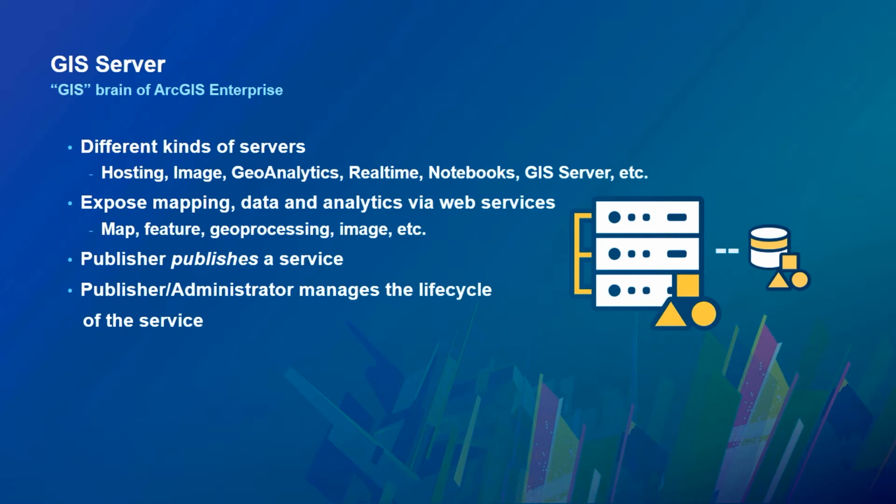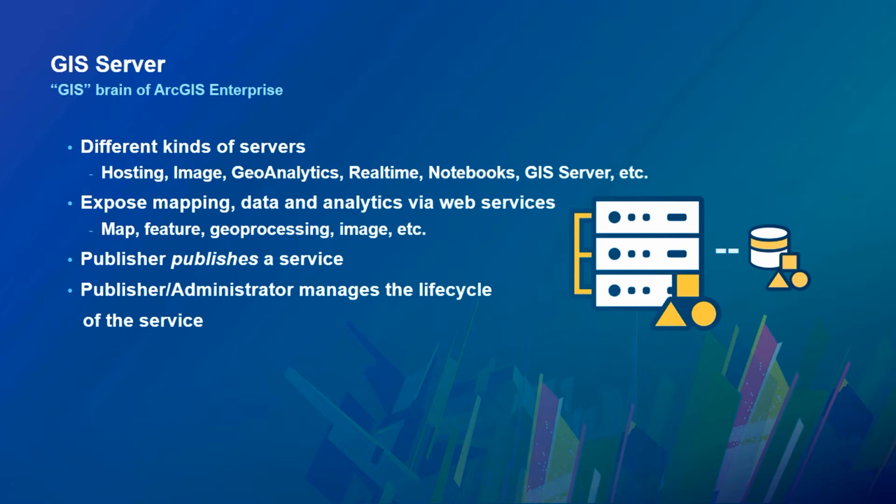So you publish or create a service on a server. And once the service is published, that's where you get the web endpoints that you can call into from your applications or portal or other things. As a publisher of the service or as an administrator, you can then manage the life cycle of the service. So you can say the service needs to be stopped or it needs a certain kind of pooling. That's what you can do as an owner or an administrator.